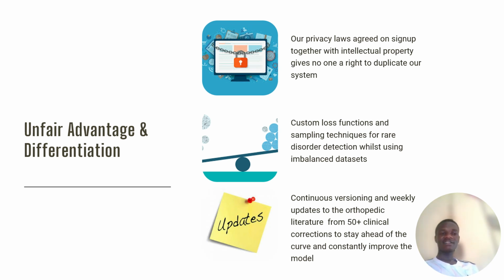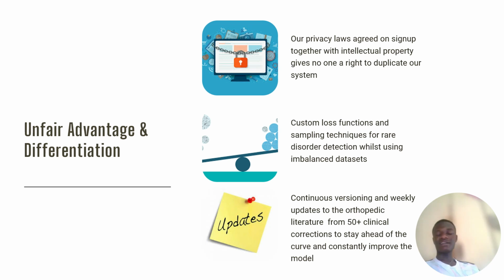So the advantages and the differentiation between our system and other existing systems. One is that the privacy laws, usually we agree during sign-up, give us intellectual property and give no one the right to duplicate our system.